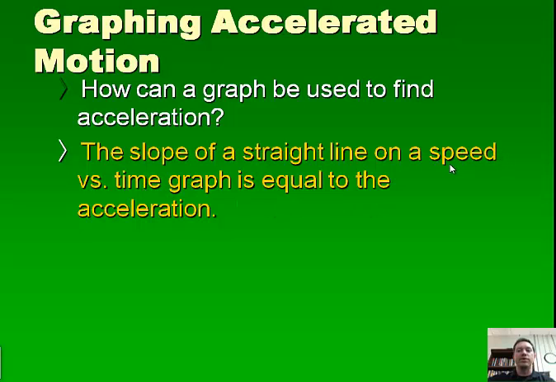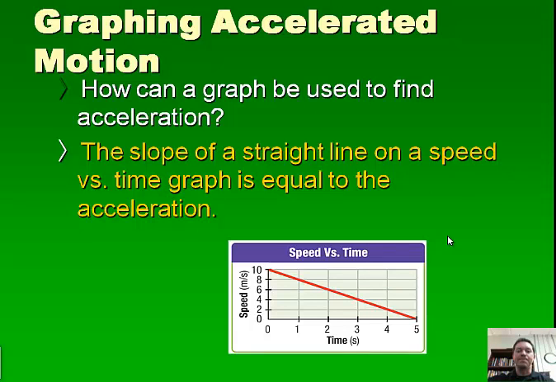So we can use velocity as a term here as well, so we'll just write that in real quick. So velocity, or speed, versus time is going to give us acceleration.